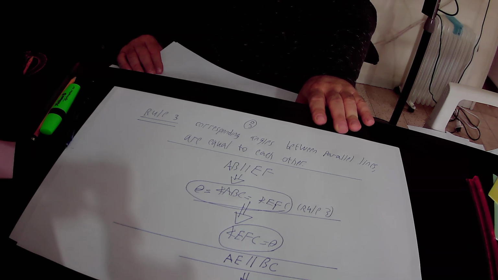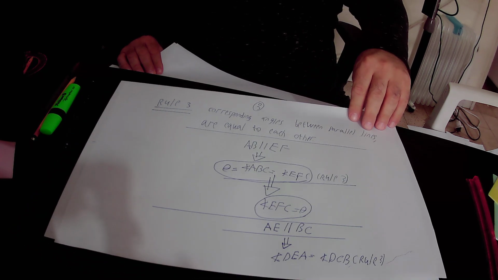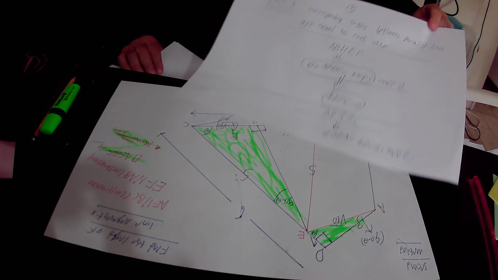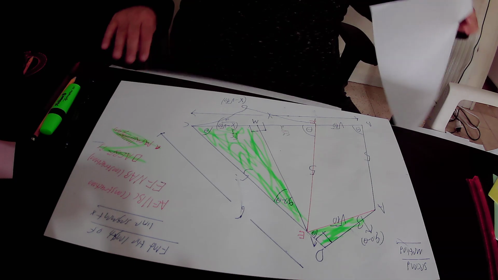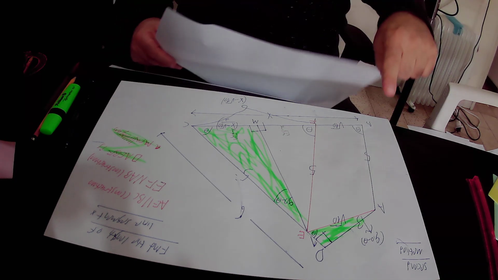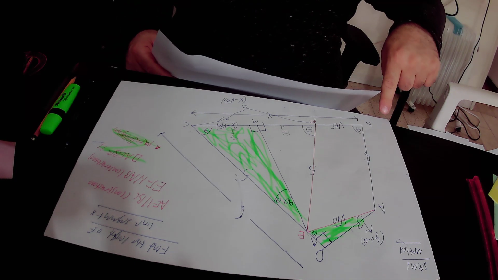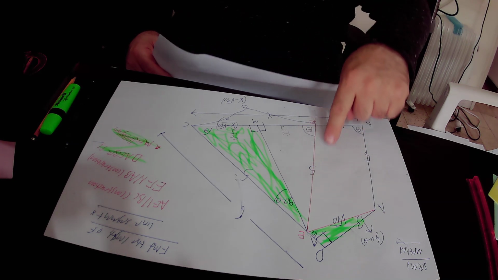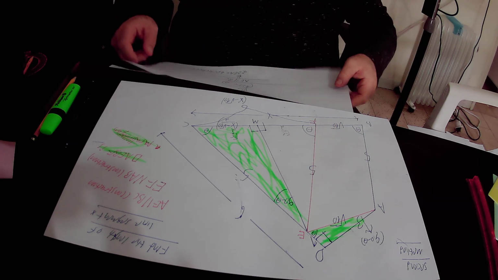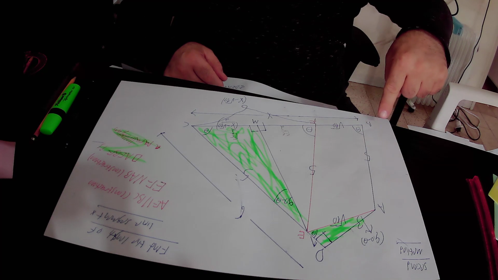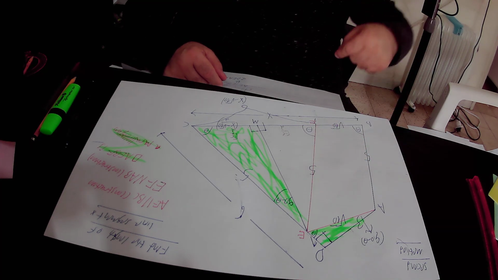So here, according to our construction, AB is parallel to EF.